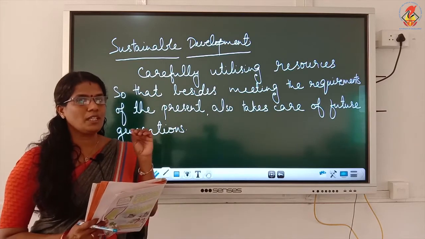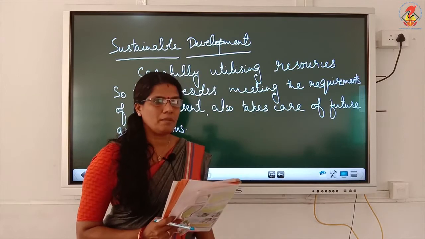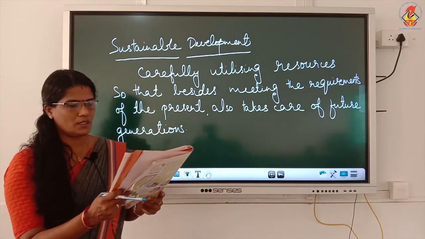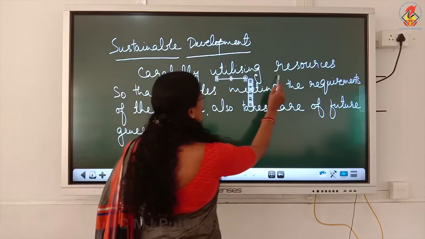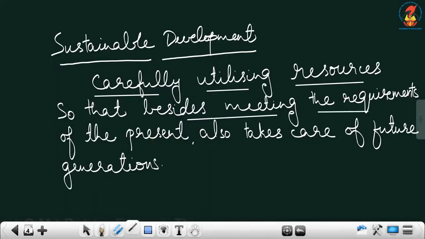We should use the resources according to our requirements only. We should not use them carelessly. So, underline this box: carefully utilizing resources to meet the requirements of the present and take care of future generations. Underline.